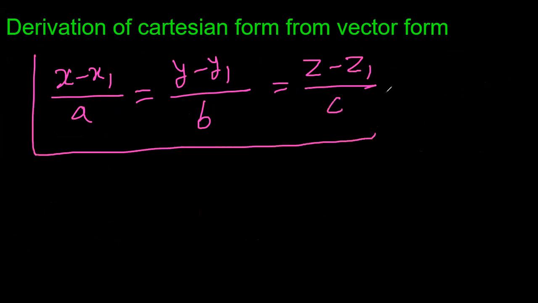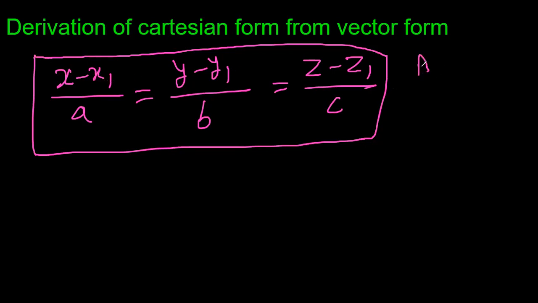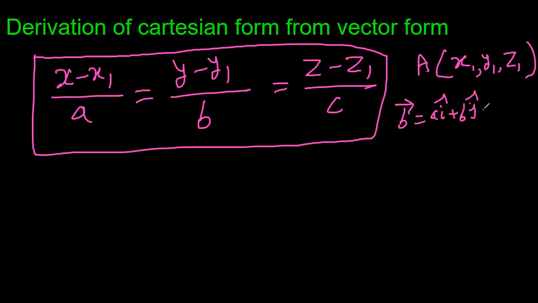Now this is changed into Cartesian form. x1, y1, z1 is the point A which was given, and vector B was a i cap plus b j cap plus c k cap. Is that fine? So A and B are given. You can directly also write this in Cartesian form.